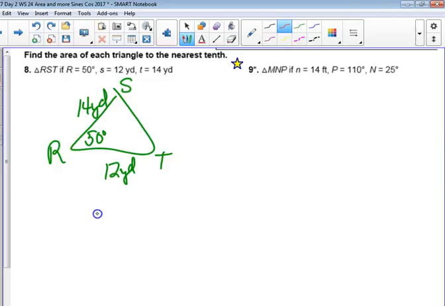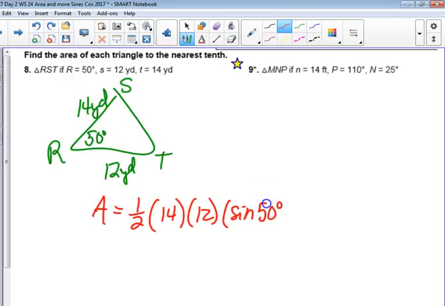So can somebody tell me what I'm going to type here? And you could just do times. You don't need parentheses. And for 1/2, you can use 0.5.